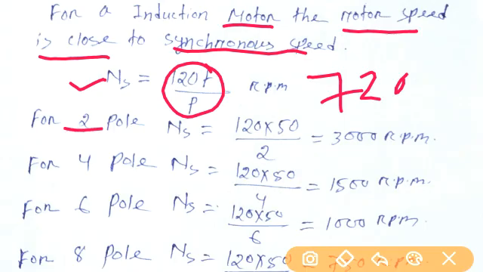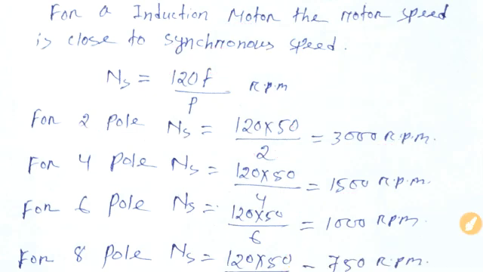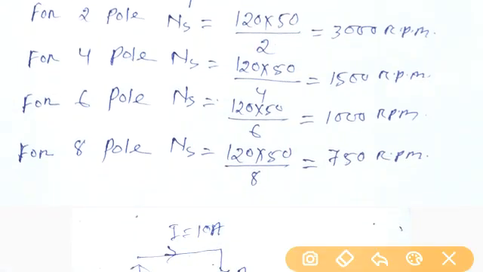For a 2-pole, the synchronous speed will be 120 f by P. So putting P equal to 2, we will get 3000 rpm. Similarly, for 4 pole, the speed is 1500 rpm. For 6 pole, the speed is 1000 rpm.